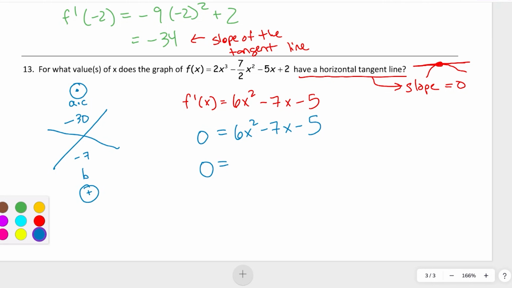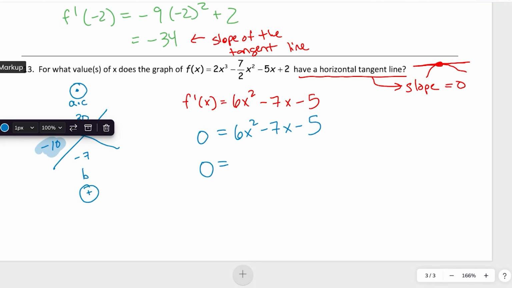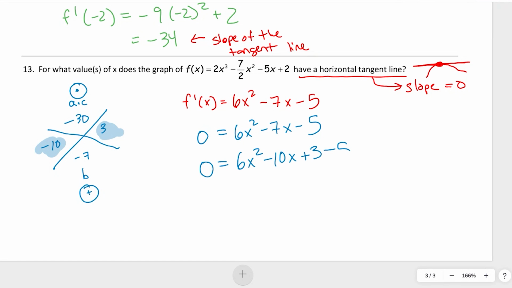So it's got to be negative 10 and 3. So these two numbers that I just found are going to be how I split up that middle term. So 6x squared minus 10x plus 3x minus 5. And now I'm going to group the first two terms and the last two terms. And I left off an x on that 3, it looks like.